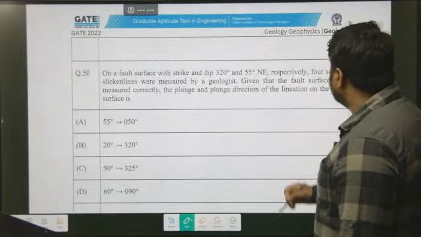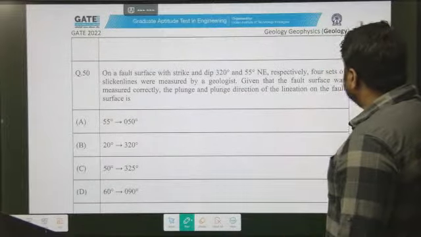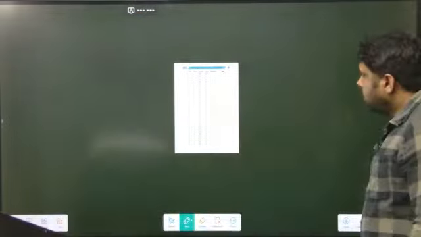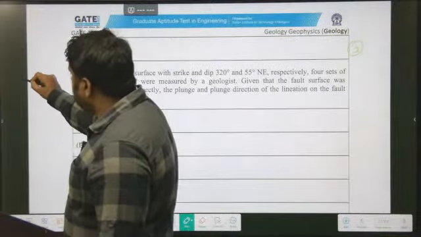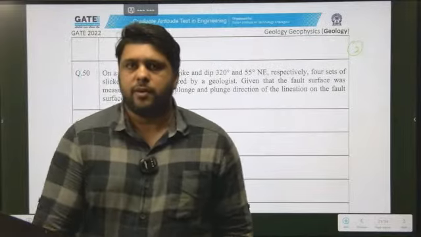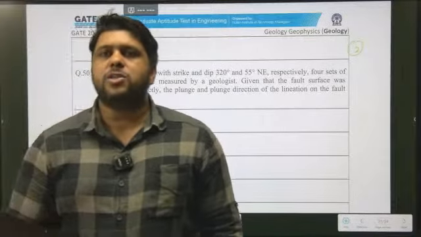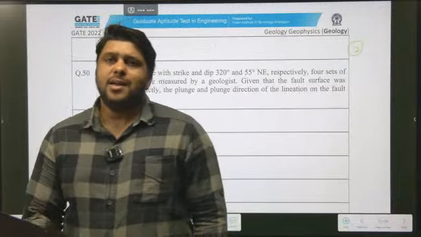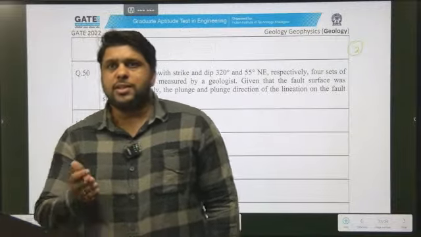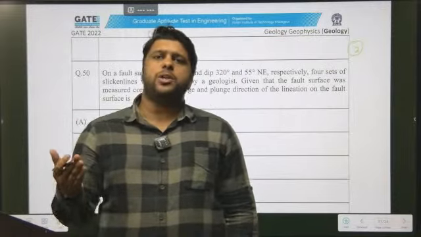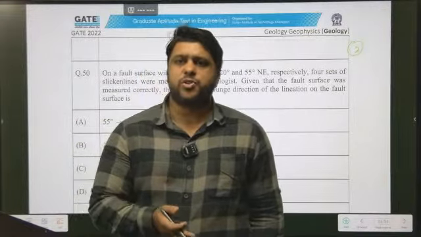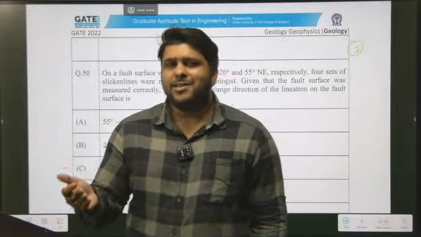Then we have this question, again 2 marks. So in total, you have seen that from structural geology alone, we have 8 marks of questions appearing in the GATE examination. This trend follows every year. Every year you are going to find 4 to 5 questions in the GATE examination.